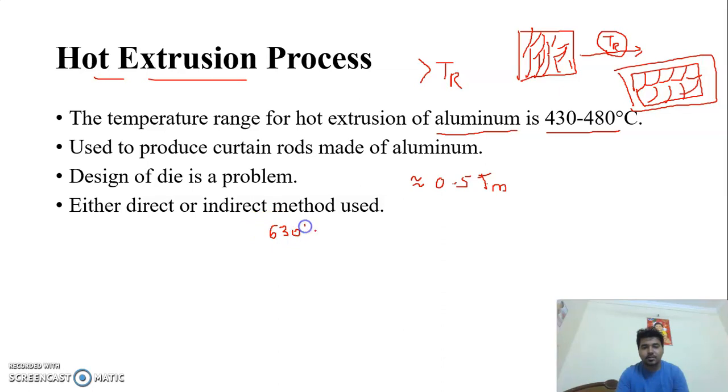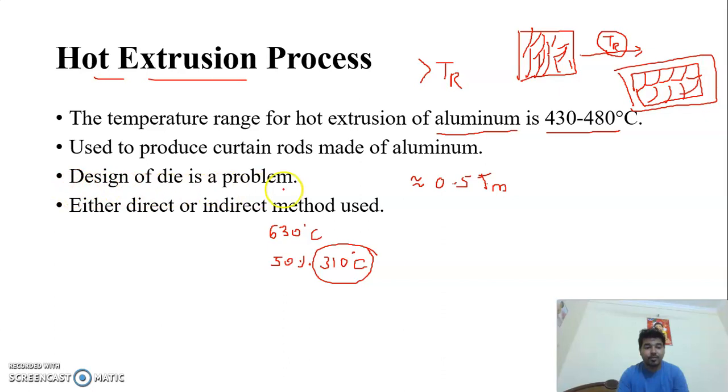So 50% of 630 is 315 degrees Celsius. So for hot extrusion, we have to give a temperature of about 310 degrees Celsius, so that we get the product by using hot extrusion, used to produce certain rods made of aluminum.